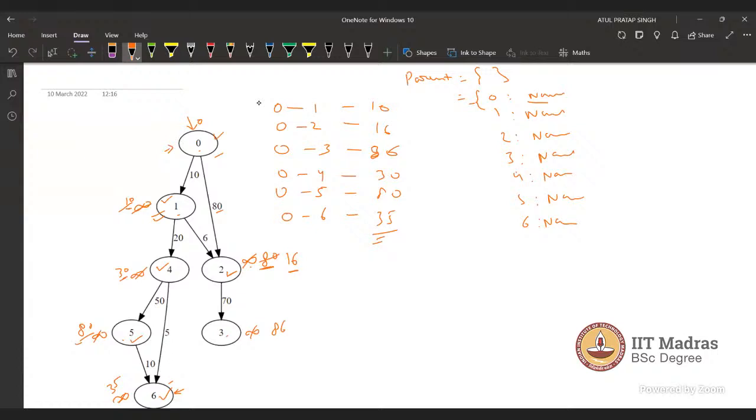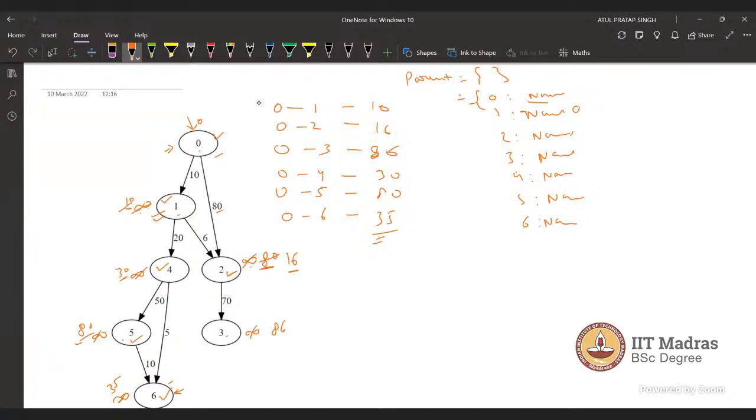So at the first pass, when we update the weight, any time we get a new weight which is less than the previous weight, we update the node from which we are getting the new weight. Initially it was infinity, and we are getting 10 from node 0, so we will update this to 0.